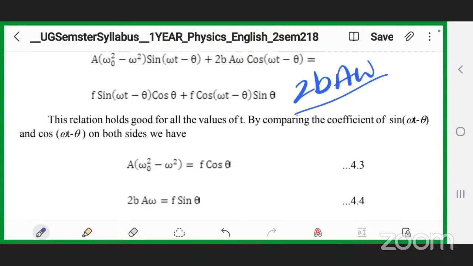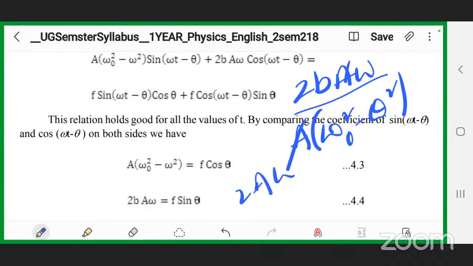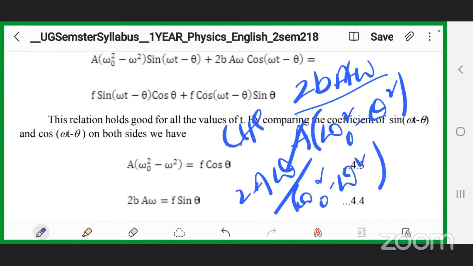So on the left hand side, 2b a omega divided by a into omega naught square minus omega square. The a gets cancelled. So 2b omega divided by omega naught square minus omega square. This is the LHS value. What about the right hand side?